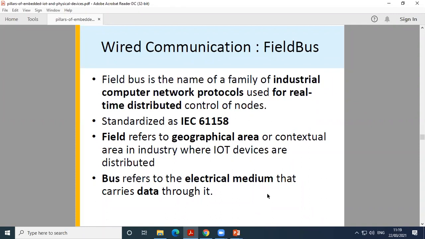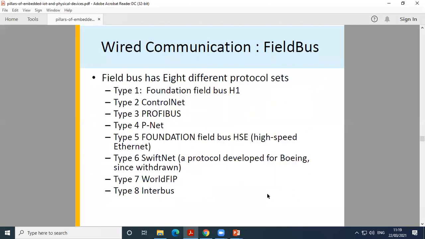The field bus is made up of two words, field and bus. In this protocol, field refers to a limited geographical or contextual area in the industry. Here you can see that field refers to the geographical area, and bus refers to the electrical medium that carries the data. Okay, that is field bus.